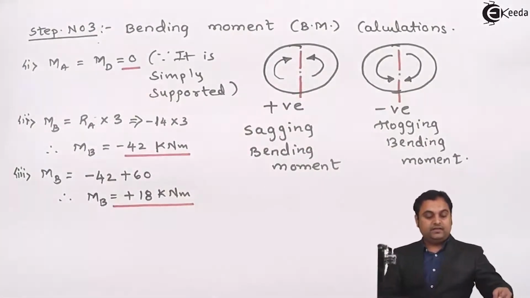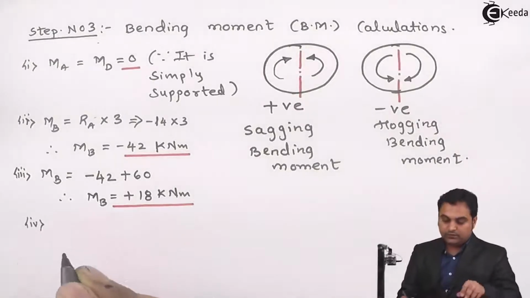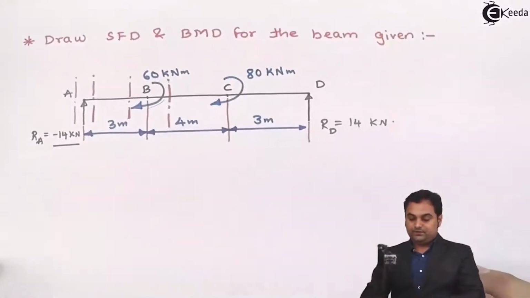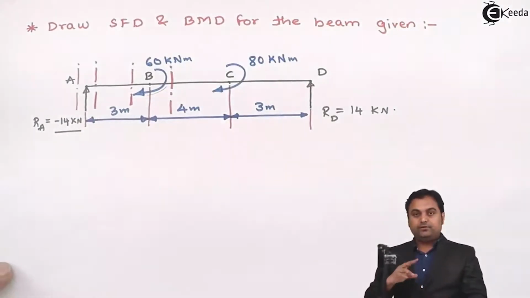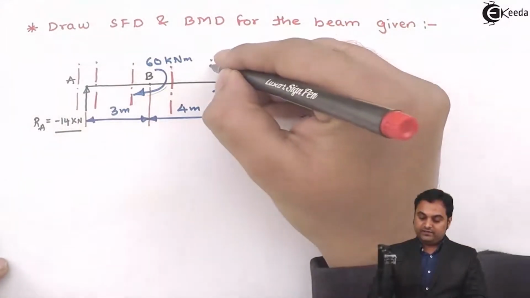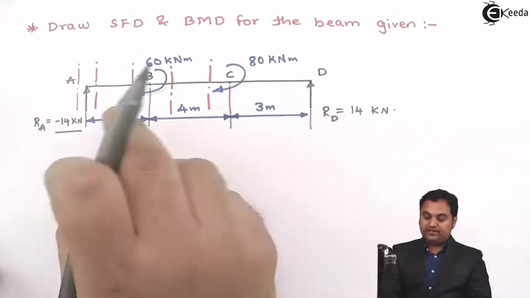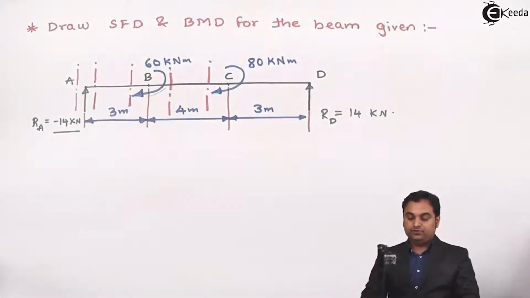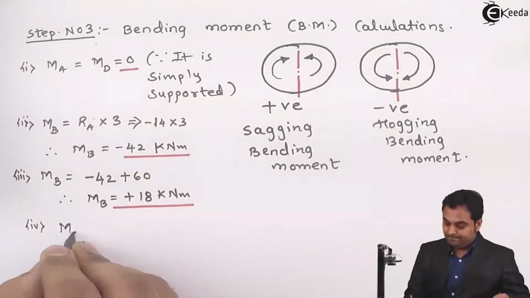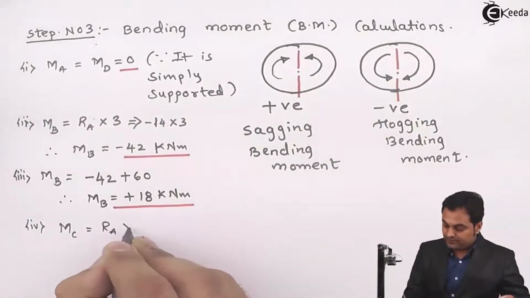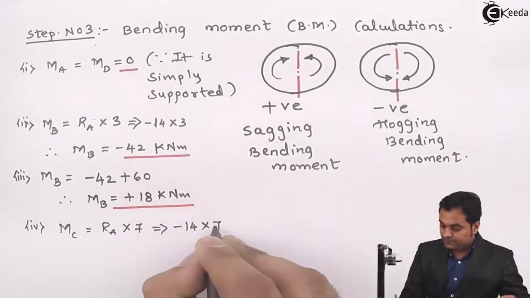Next, similarly I'll calculate the moment at C. For moment at C, if we see here, at C also there is a couple acting, so there will be two values of bending moment. First, when I take the section to the left, there will be RA into 7 and it is producing clockwise moment, so positive to the left. RA into 7, where RA is minus 14, so minus 14 into 7.